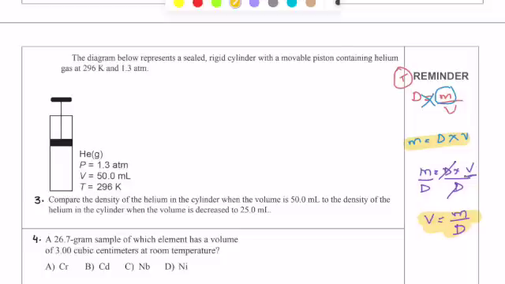In question number 3, it's asking to compare the density of helium in the cylinder when the volume is 50 milliliters to the density of helium in the cylinder when the volume is decreased to 25 milliliters. There are a few ways in which you can answer this question. You can just do the math and plug in all of the numbers in the equation. You are not given the mass in this question, so you can have a hypothetical mass. So maybe have 1 over 50 for the first one, and 1 over 25 for the second one.